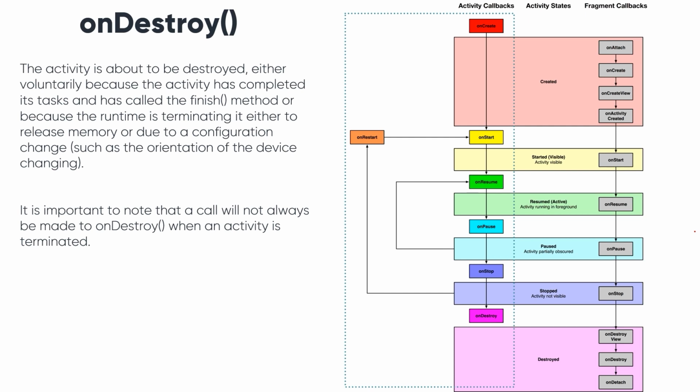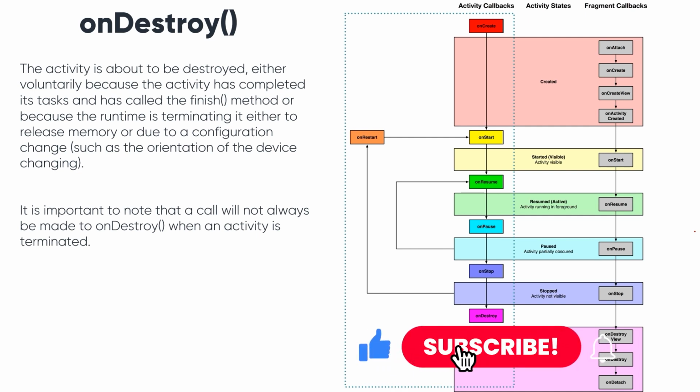We have two possibilities in calling this onDestroy, either the system is terminating the app or the finish method is called. It's important to note that a call will not always be made to the onDestroy method when an activity is terminated.